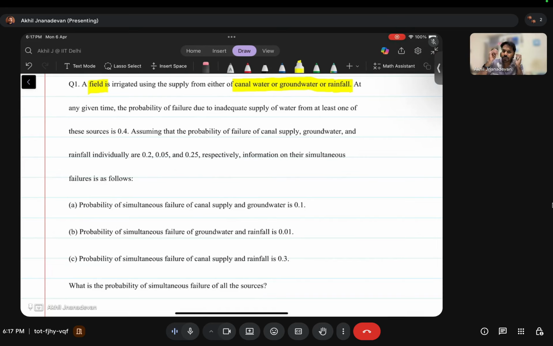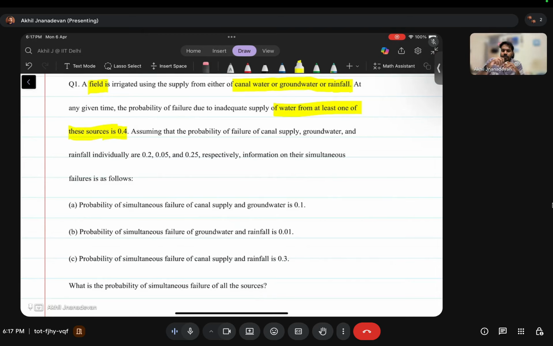At any given time, the probability of failure due to inadequate water supply from at least one of these sources is 0.4. So the probability that any one of them will fail, at least one of the sources being inadequate, is 0.4.